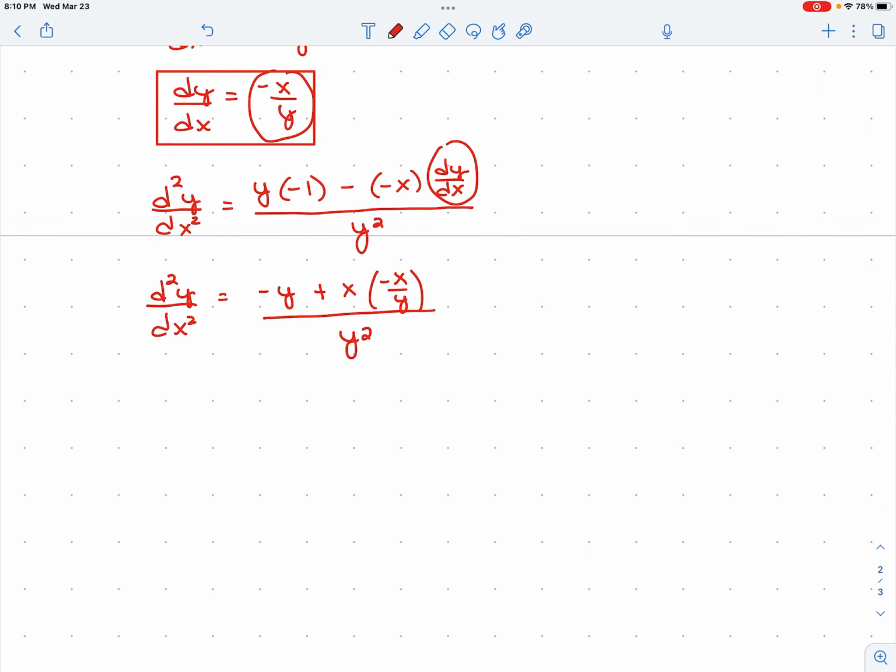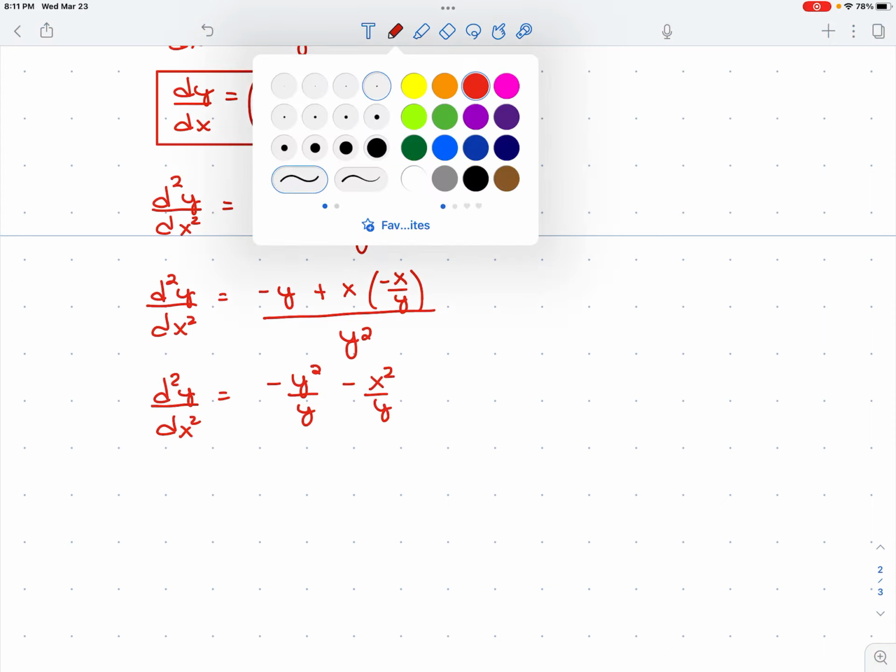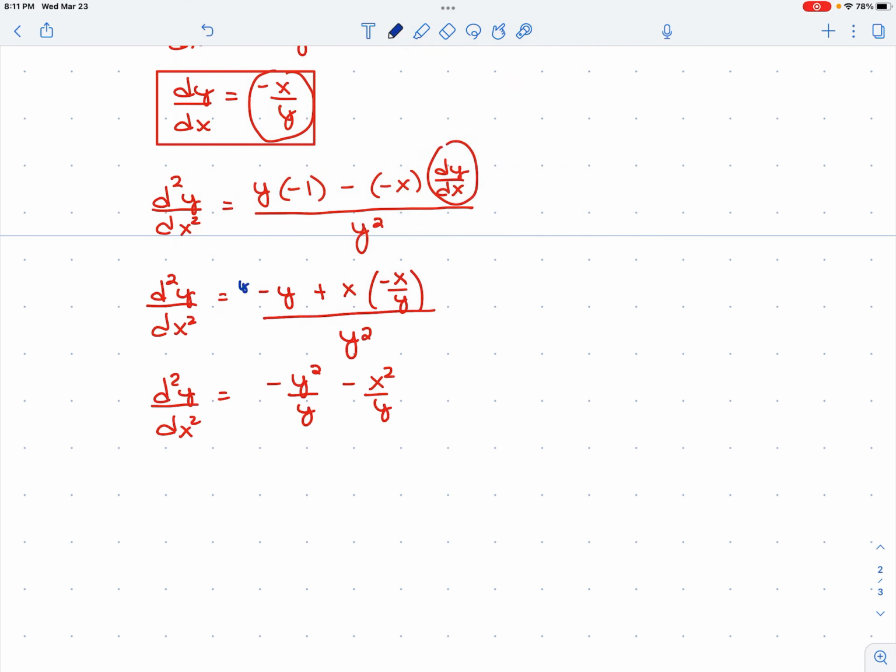Okay, so I'll clean this one up. So we could get a common denominator on the top. So we could have y squared over y, plus, oh, it's actually a minus, isn't it? Minus x squared over y. So again, I just multiplied this by y over y, a form of 1, to get the common denominator.